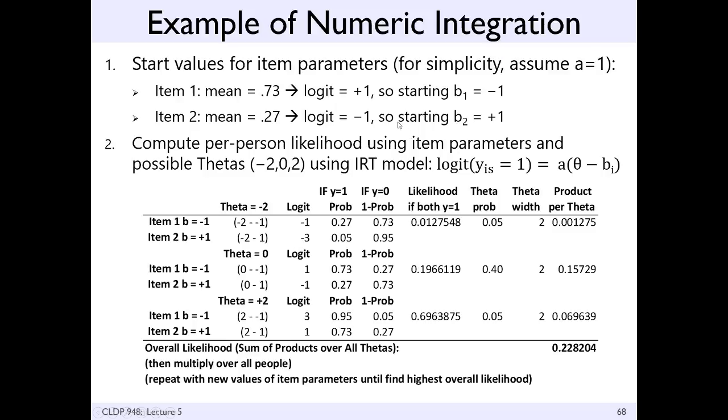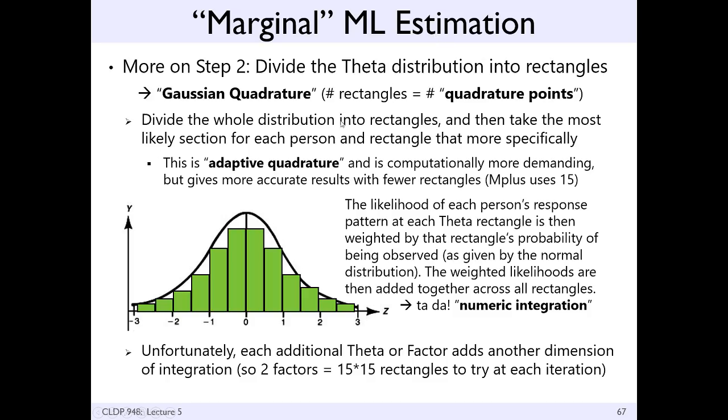So the term Gaussian quadrature is because a normal distribution is called a Gaussian curve, and normal quadrature didn't sound fancy enough, apparently. So it's adaptive Gaussian quadrature because once it figures out for each person the most likely range for your theta, it goes back and re-rectangles just that little chunk to try and get a more refined estimate.